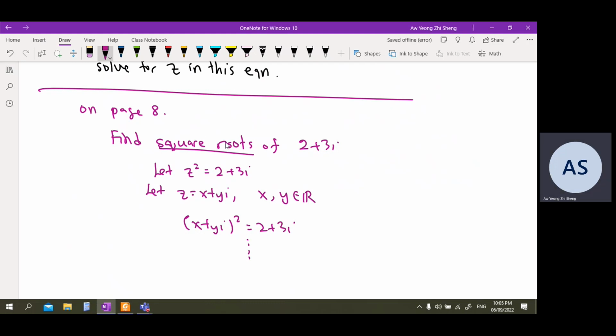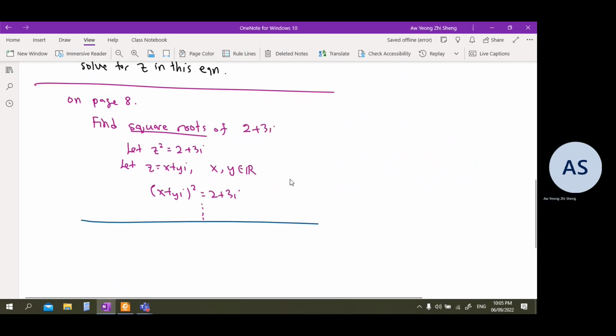But when solving for cube roots or anything of a higher order, you would encounter very tedious expressions if you use the Cartesian form.